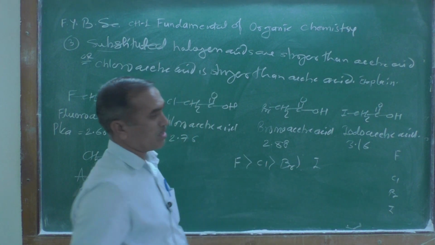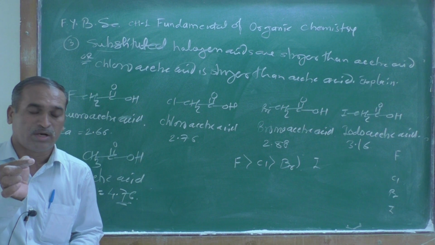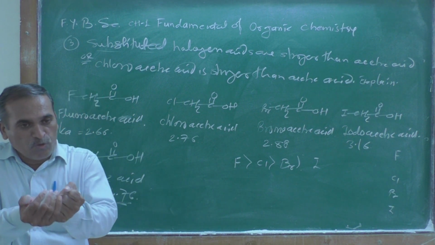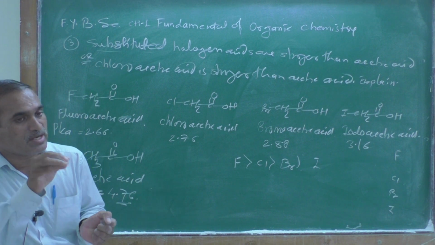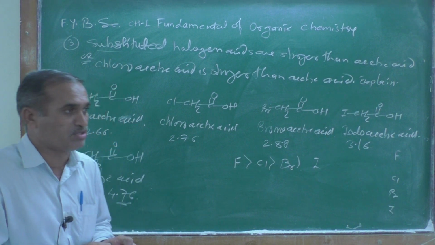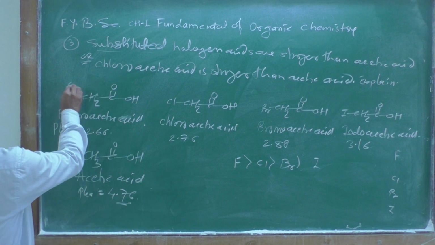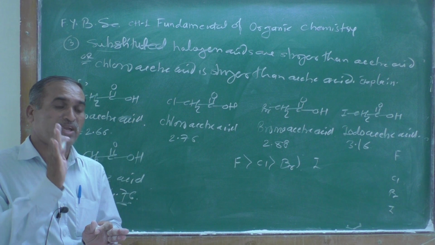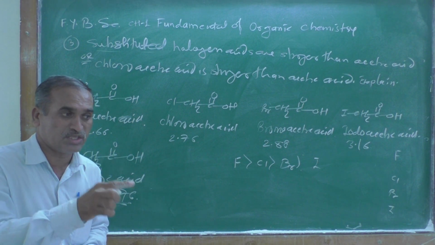As we know, the halogens have the ability to pull the electron toward themselves, and the adjacent carbon atom becomes electropositive in nature, and therefore it exerts a minus I inductive effect. And as we know, the minus I inductive effect increases the acidity.